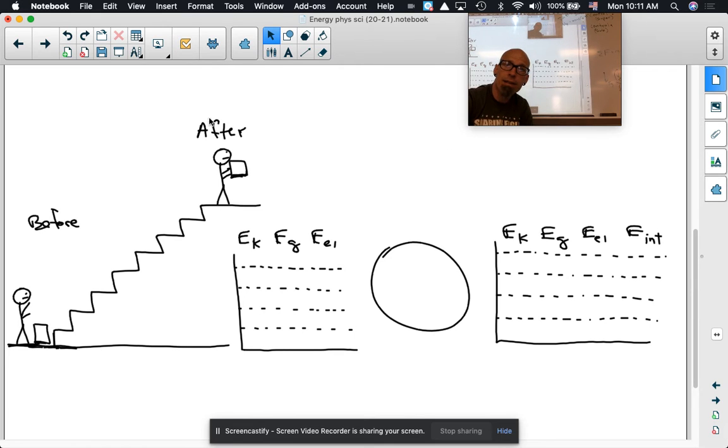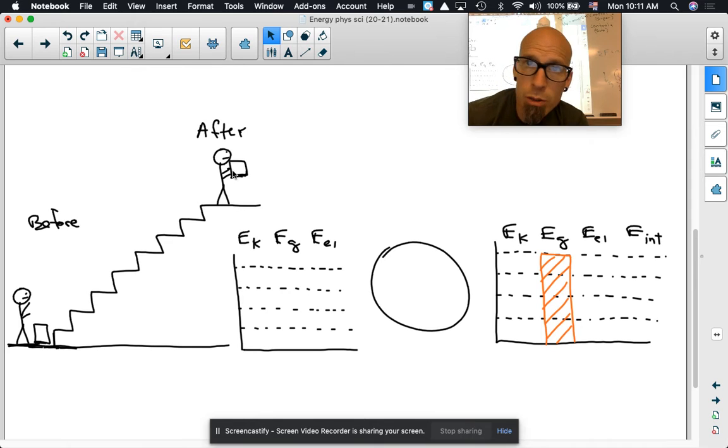At the end, the box is now at the top of the staircase and being held up above the floor. So I'm going to say that is a lot of gravitational. I'm going to say 4 blocks worth of EG.